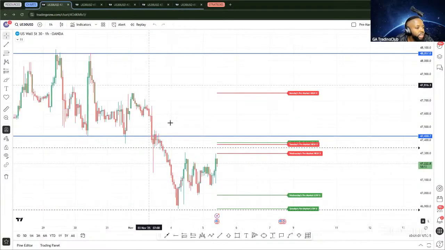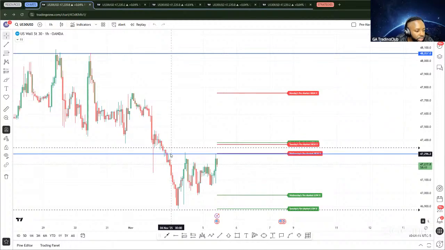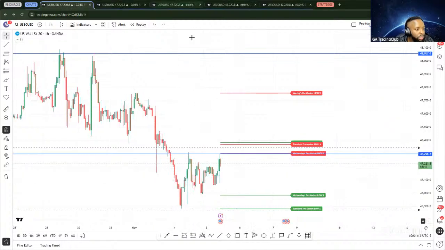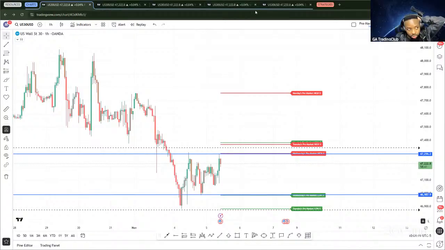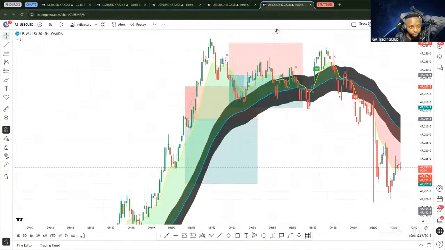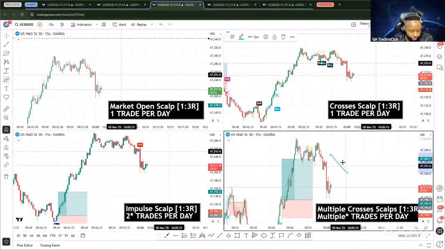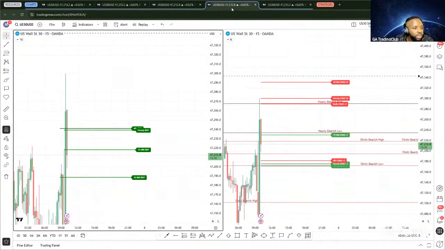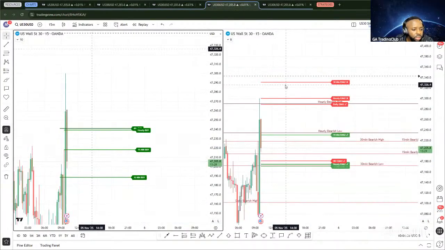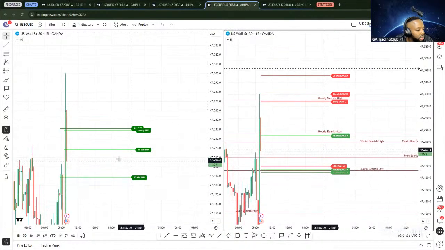There is a nice sell zone or supply zone here, the intersection of these two candles, and the nice bullish structure here. All right, so we'll see if we get anything else. For the EMAs, nothing.